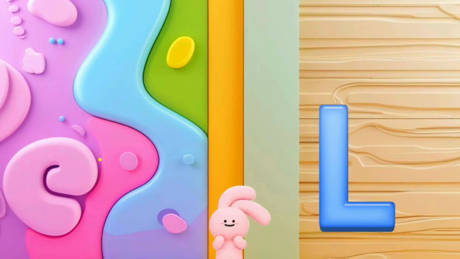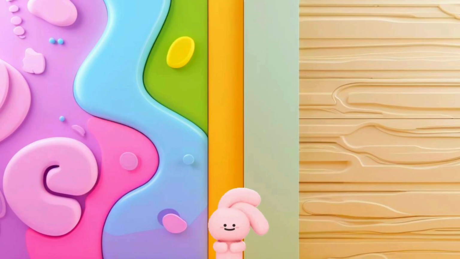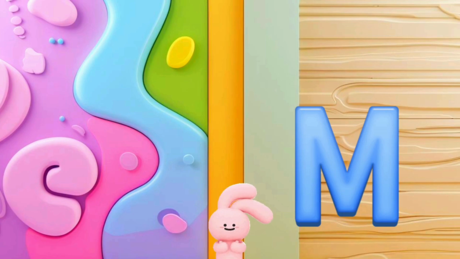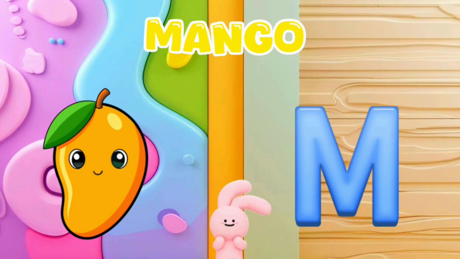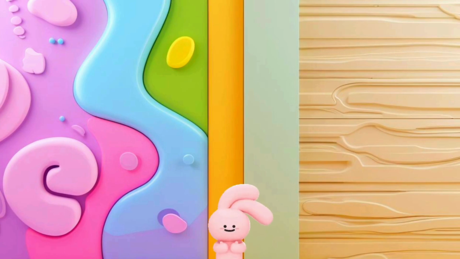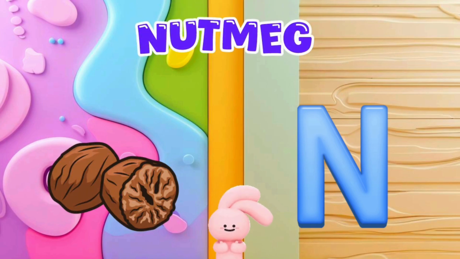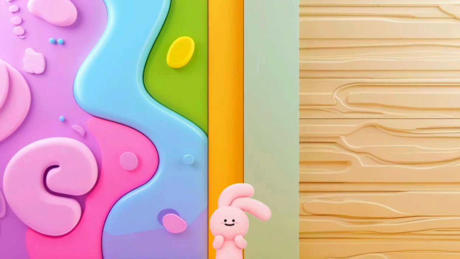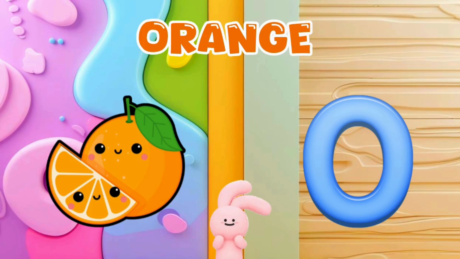L is for lemon. M is for mango. N is for nutmeg. O is for orange.